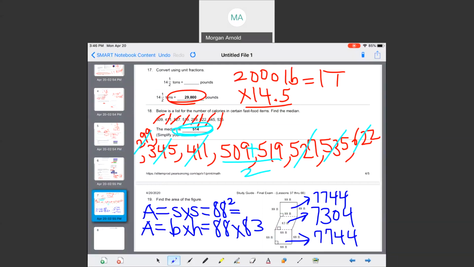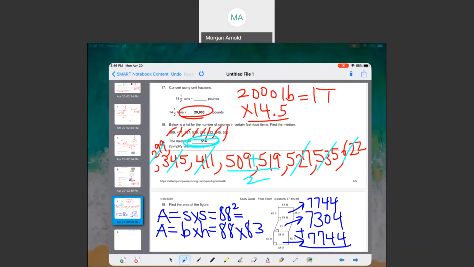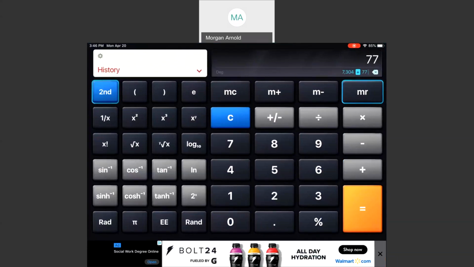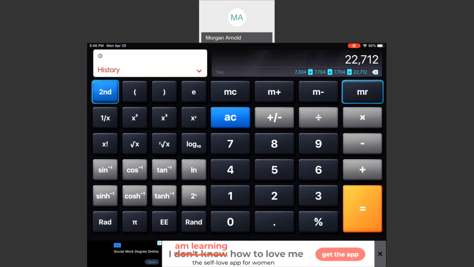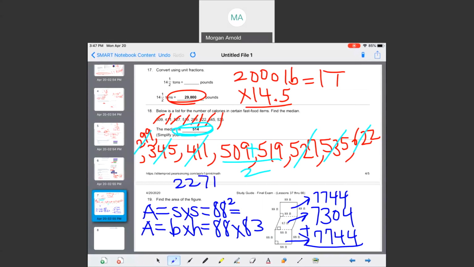Now, to find the total area, just add all three areas together. So the grand total, or total area, is 22,712 square feet.